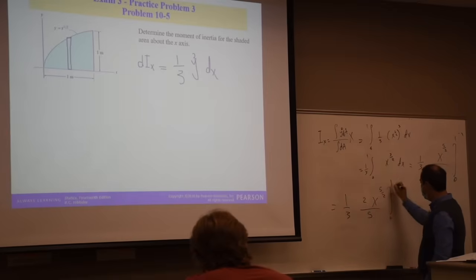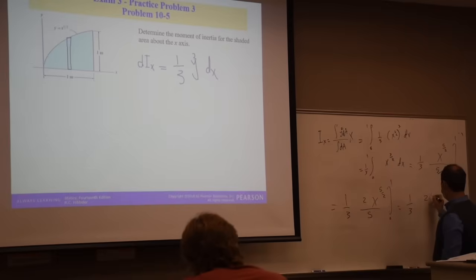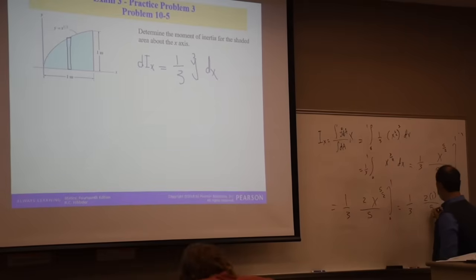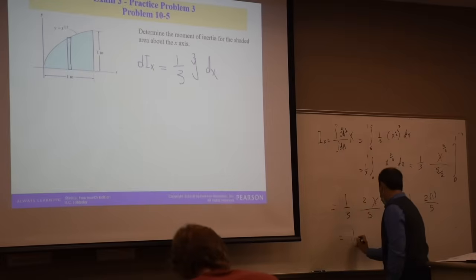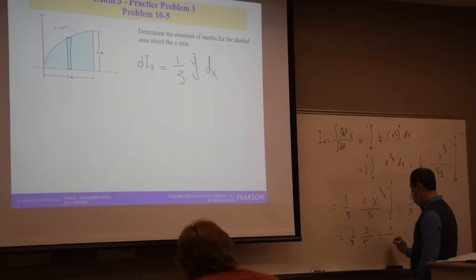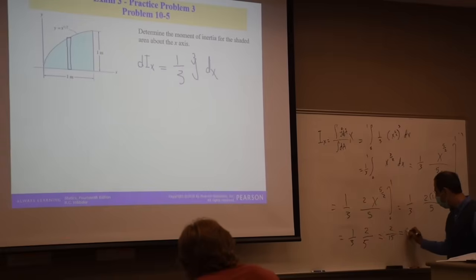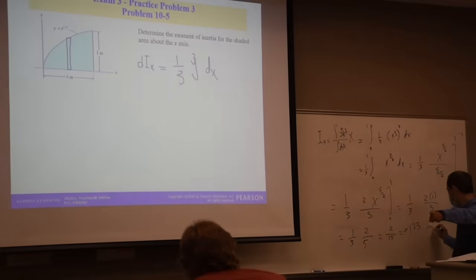From 0 to 1, 0 is gone, so 1/3 multiplied by 2 over 5. That equals 2 over 15, which is going to equal 0.133 inch to the power 4.